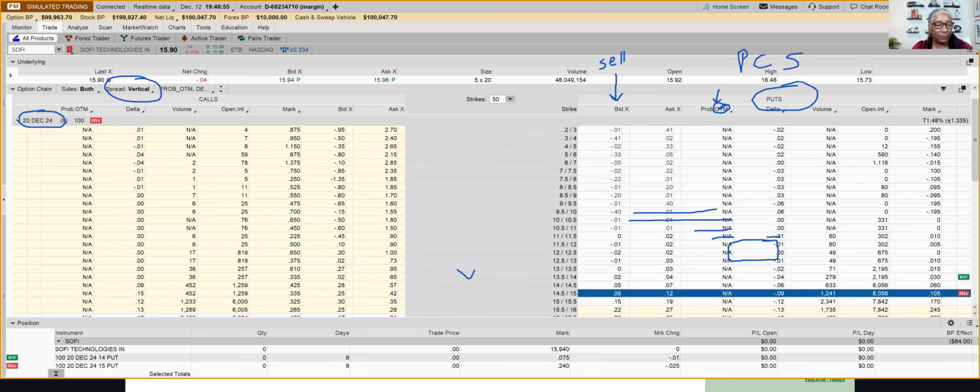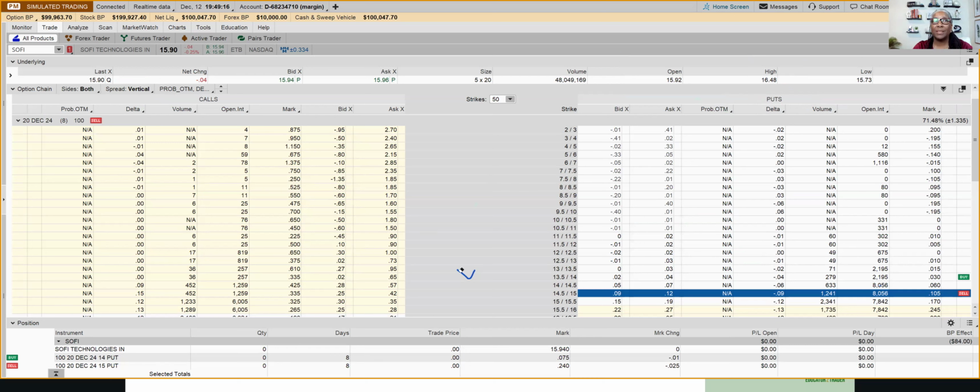So if you've got at least $1,500 of available money, you could be assigned. If you do not have $1,500 of available money, then the broker will sell the buy leg. Basically, they'll exercise the other side, and then you will experience max loss.